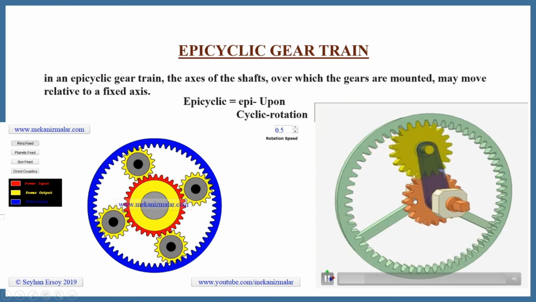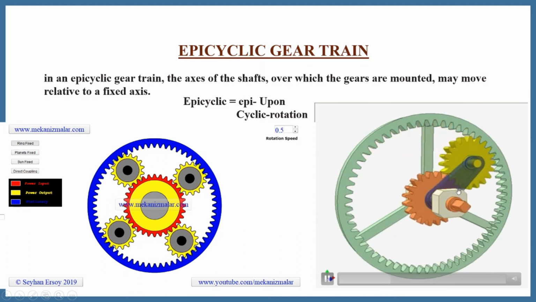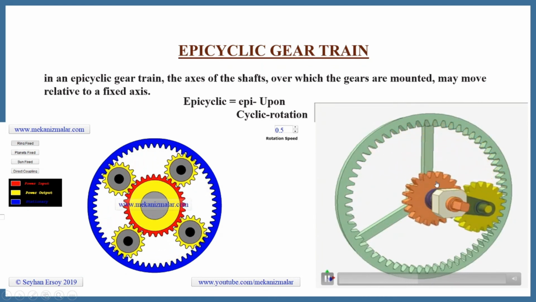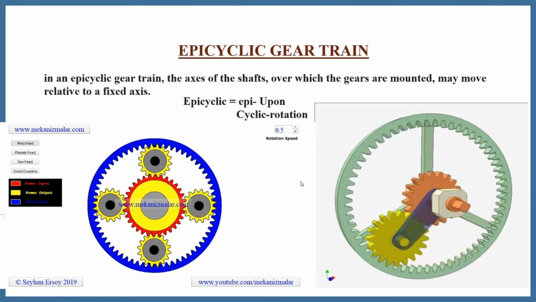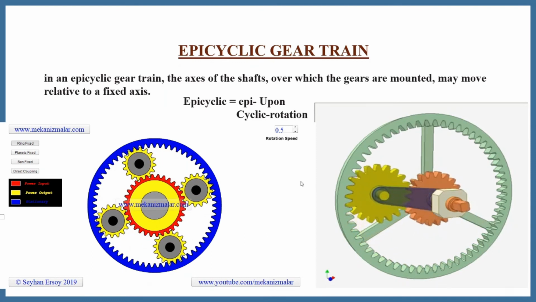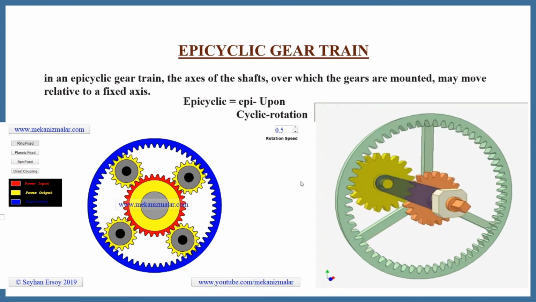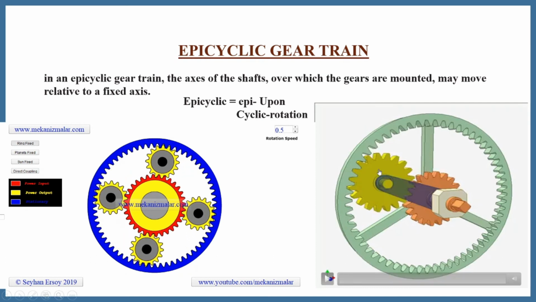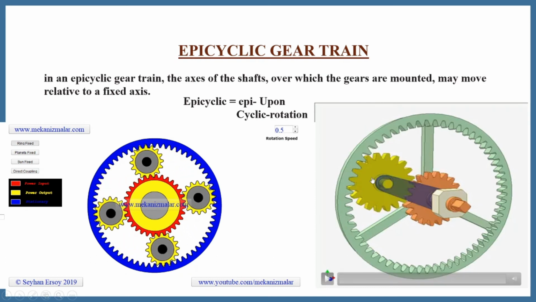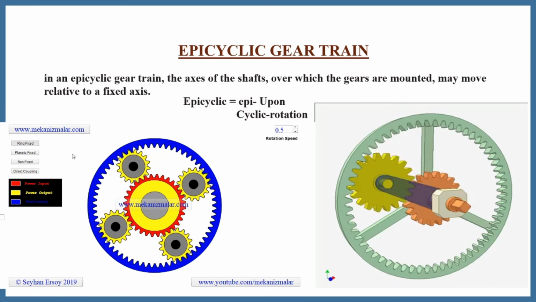You'll find that this yellow gear rotates around the periphery of this orange gear. Epi means upon and cyclic means rotation. When any gear rotates above the periphery of another gear, then such a gear train is called an epicyclic gear train.